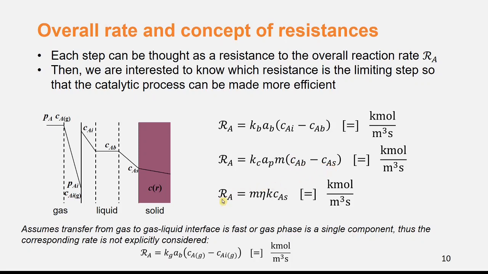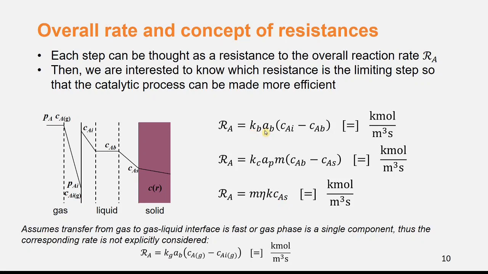And then we have the rate of internal diffusion and reaction. This is equal to the catalyst loading, M, times the effectiveness factor eta, so eta accounts for internal diffusion and reaction, times the rate constant K, times the surface concentration, CAS.